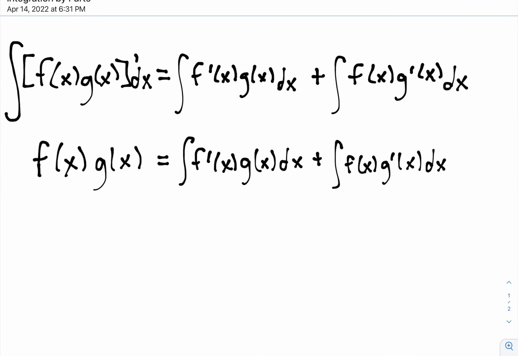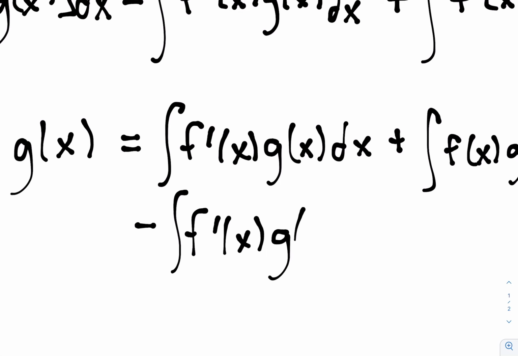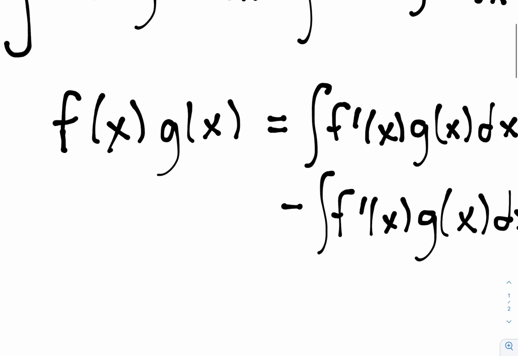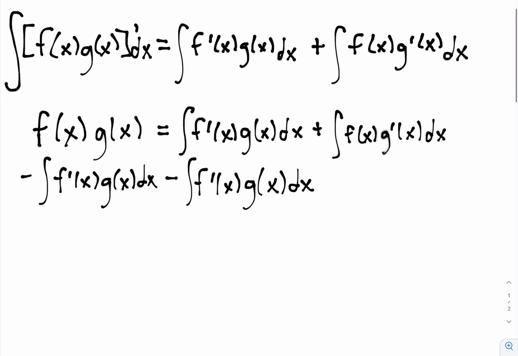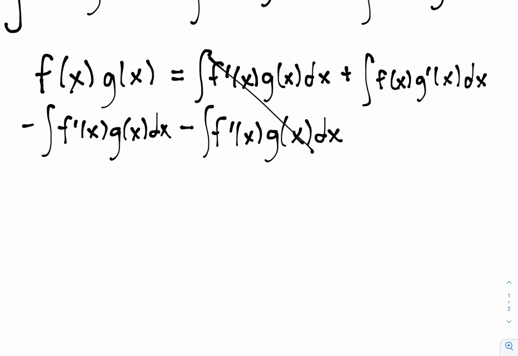In integration by parts, we just rearrange this formula. We subtract the integral of f prime of x, g of x dx from both sides. If we do it on one side, we have to do it to the other. This term cancels out, and I'm going to write the remaining term on the left now, for simplicity.